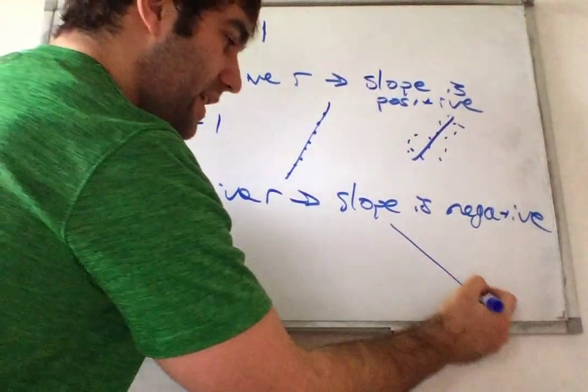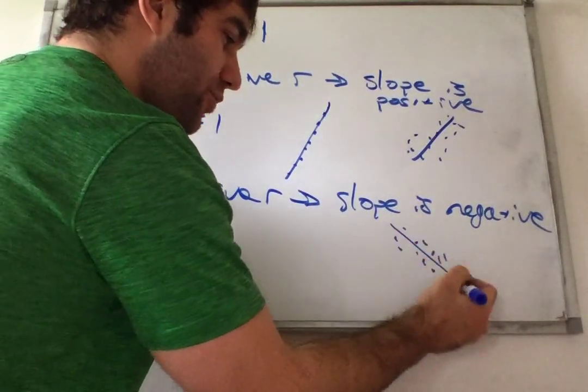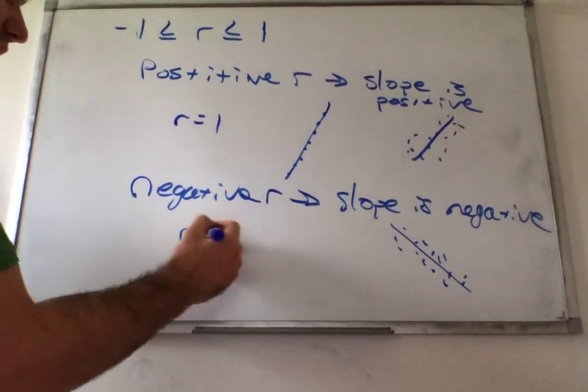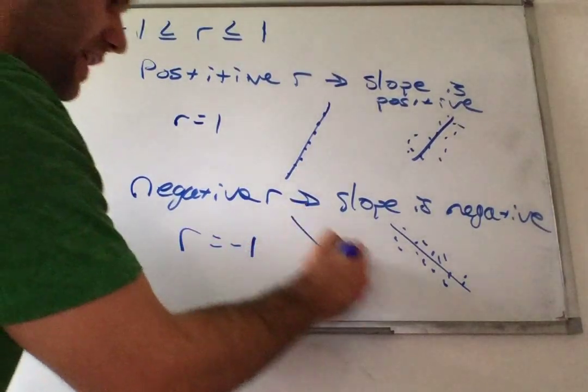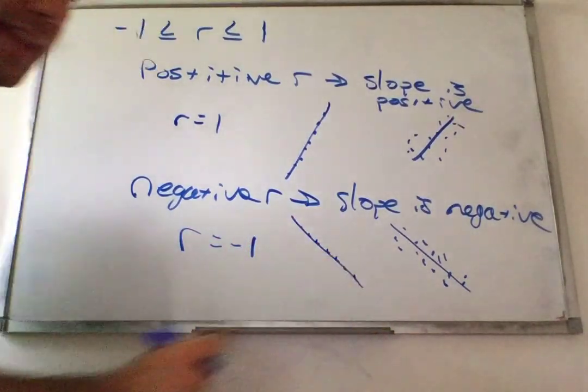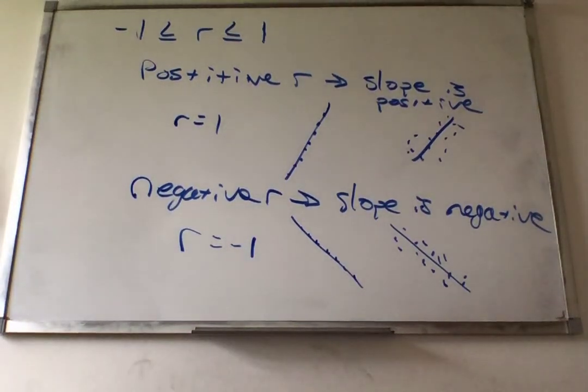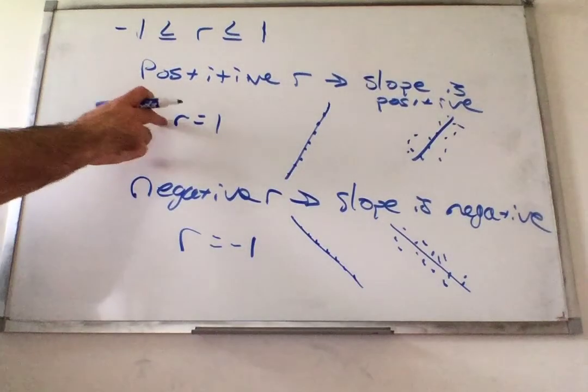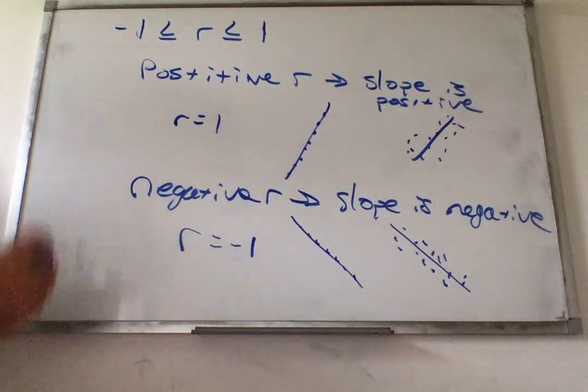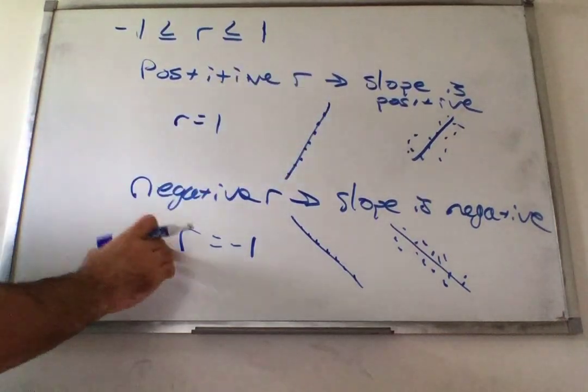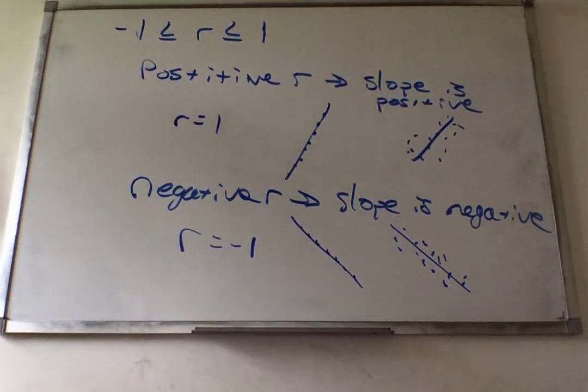So that means it has a negative trend to it, and R equal to negative 1 just means every single point lies on a perfect line, okay? That means there's a perfect correlation: perfect positive correlation, perfect negative correlation.